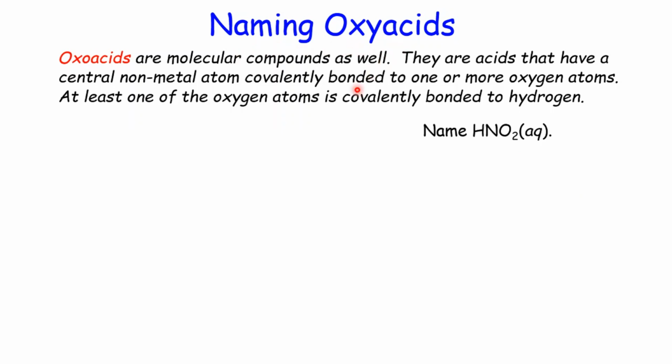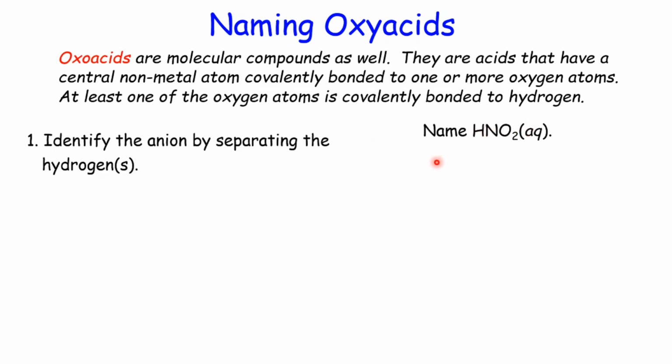Now, oxyacids are the ones containing oxygen. Let's work on the first example, HNO2 AQ. Obviously NO2 is a polyatomic anion. Step number 1, identify the anion by separating the hydrogen. After separating the hydrogen ion from HNO2, you have NO2 minus.